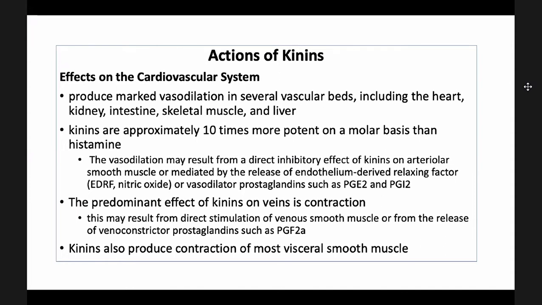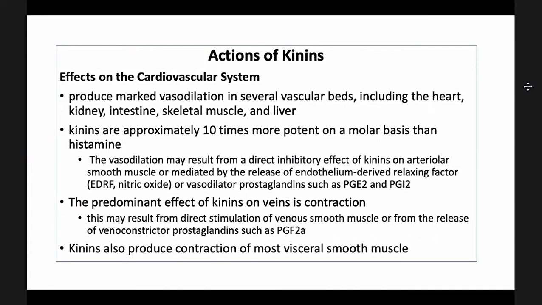The vasodilation may result from direct inhibitory effect of your kinins on your arteriolar smooth muscle or be mediated by the release of your endothelium-derived relaxing factor or a vasodilator prostaglandin such as your PGE2 and PGI2. Now, the predominant effect of kinin on veins is contraction.